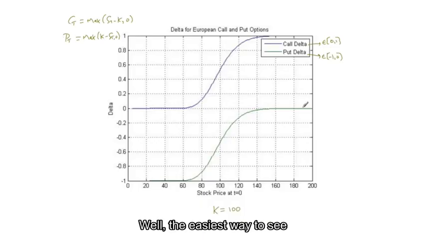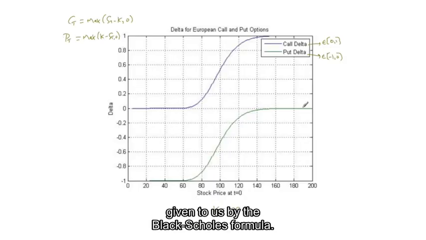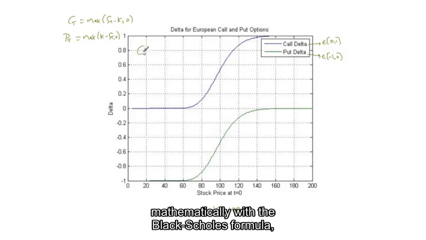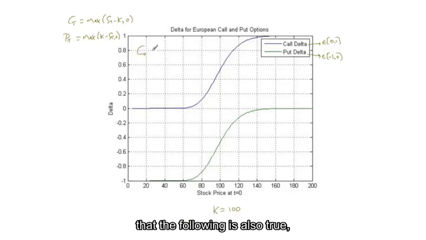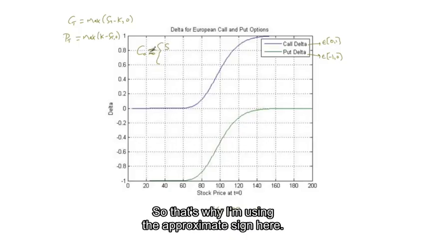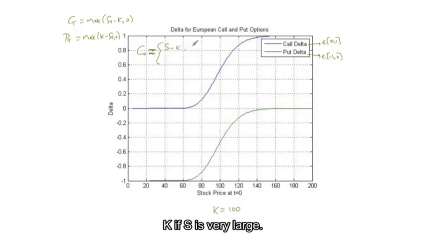Well, the easiest way to see why this is happening is the following. We know the value of the call option is given to us by the Black-Scholes formula. However, one can also check mathematically with the Black-Scholes formula that C_0 is approximately, and I'm ignoring interest rates and so on here, which is why I'm using the approximate sign, equal to S minus K if S is very large.